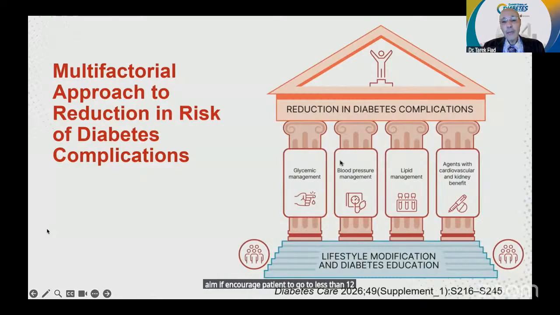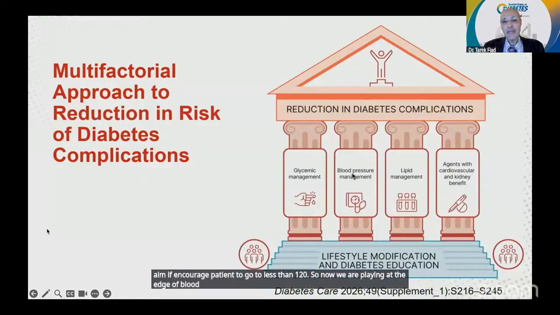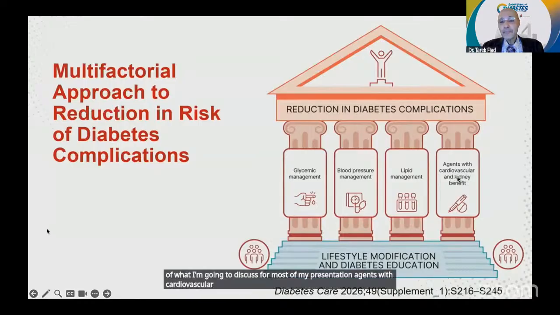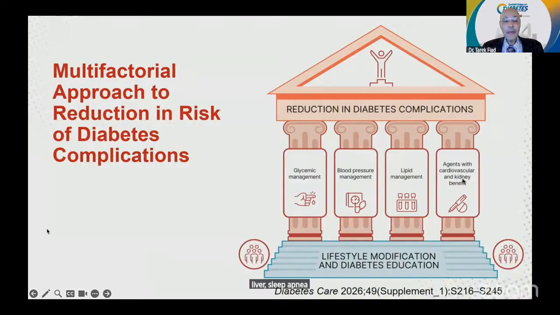So now we are playing at the edge of blood pressure, less than 120. Key number, less than 120. Lipid management, we need to do it very well. And then agents. This is the theme of what I'm going to discuss for most of my presentation: agents with cardiovascular, kidney, liver, sleep apnea benefit. So these are the things.